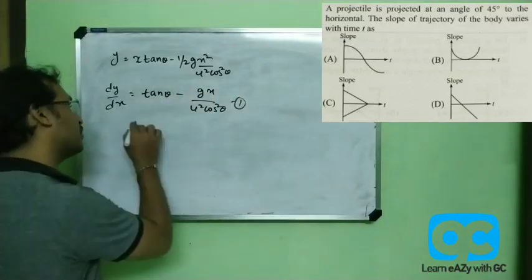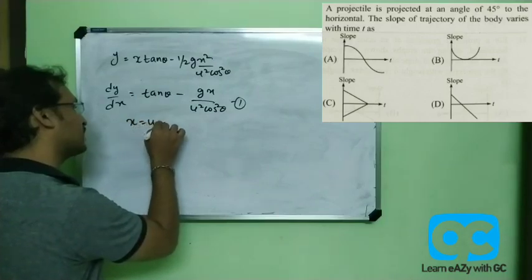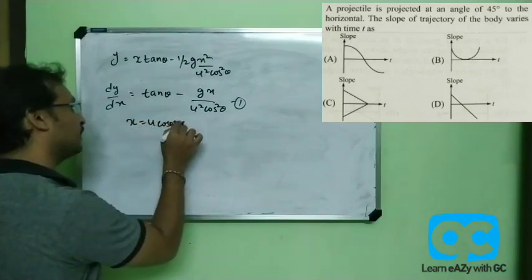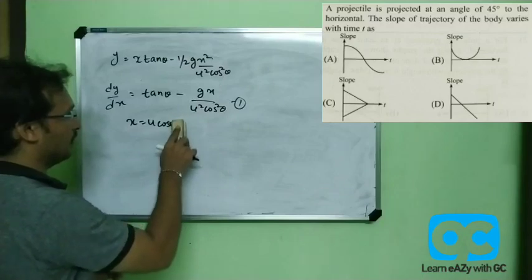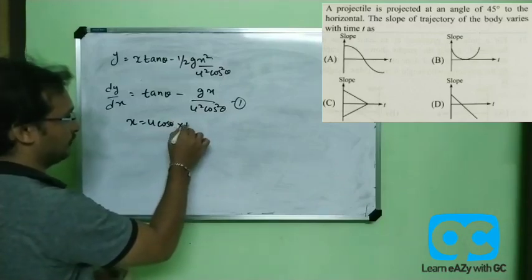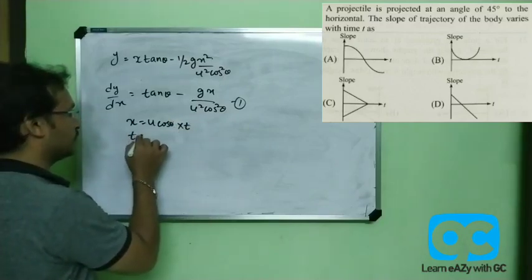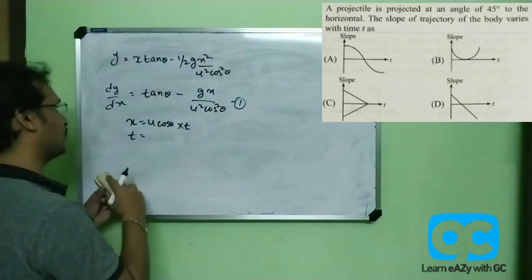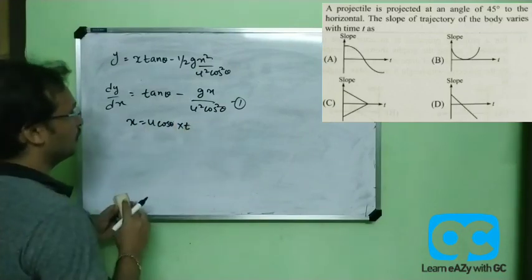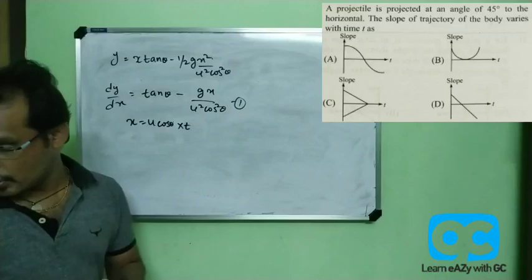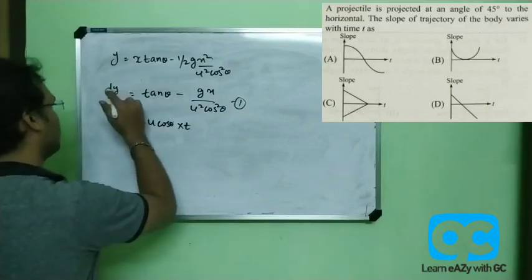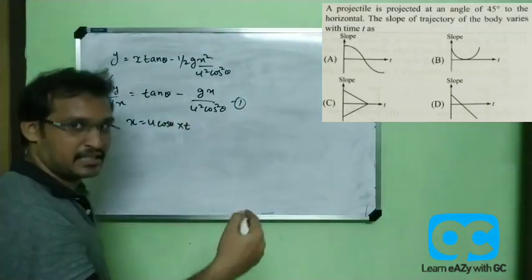But you also know that x equal to u cos theta into t. x means horizontal component of velocity into time. You can substitute x equal to u cos theta into t because we require dy by dx varying with time t.